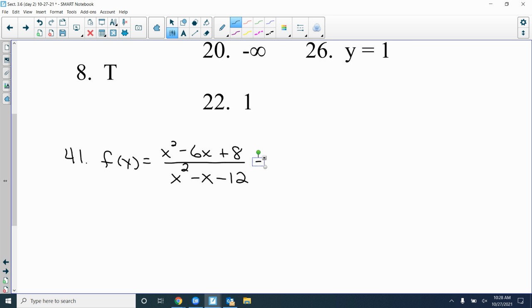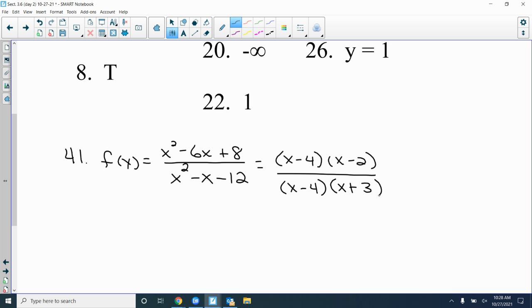So when you factor this, you get x minus 4 times x minus 2 over x minus 4 times x plus 3. So right now you say, oh, 4 and -3 are my two vertical asymptotes. But what happens to the x minus 4 in the numerator and denominator? They can both cancel.